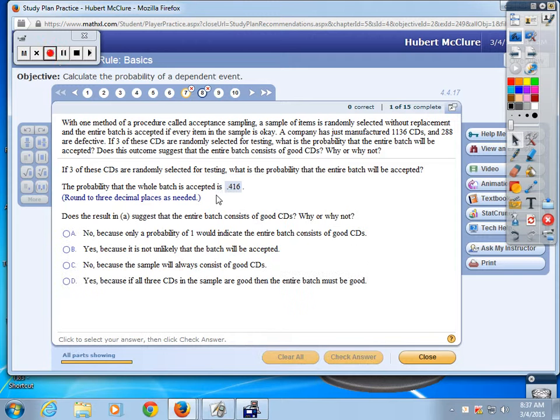Now, 41% chance, it's a little better, or 42% chance, but let's see what it says. That would be A again.